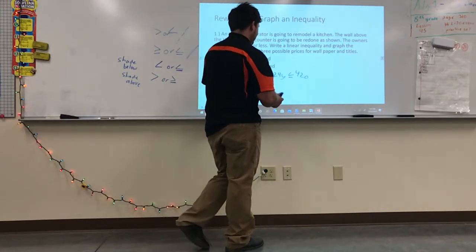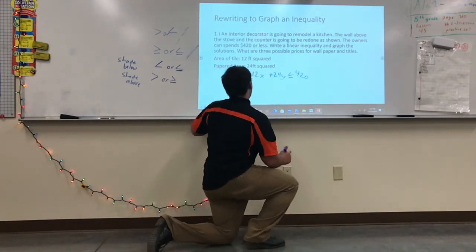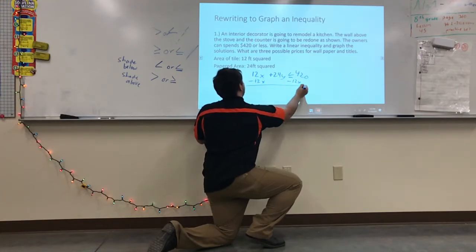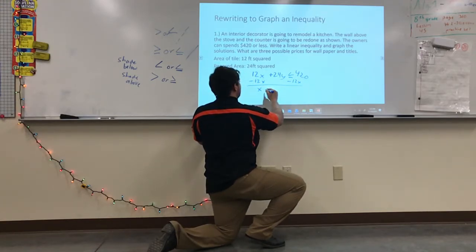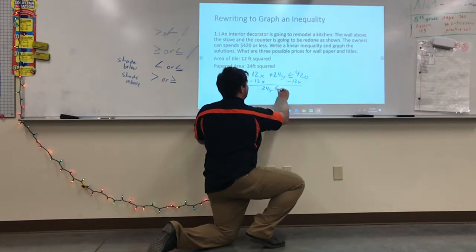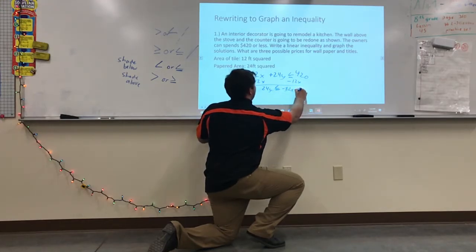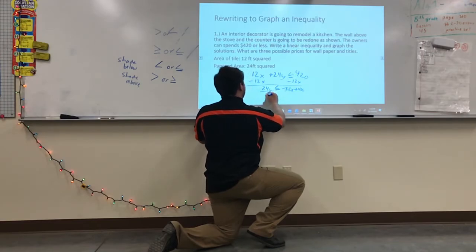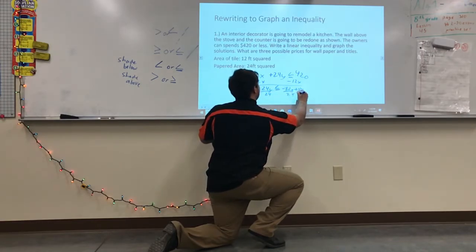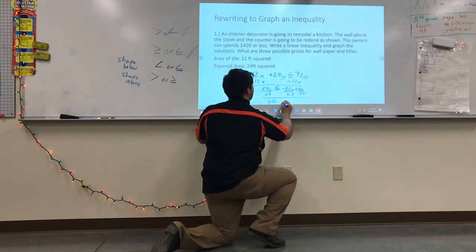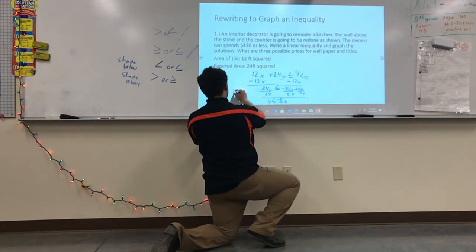You'd have to solve this so that you'd get Y alone, minus 12X to both sides. You'd get 24Y is less than or equal to -12X plus 420, divide by 24, you're going to get y is less than or equal to -1/2 x plus... I want to say that goes in there 5 times.